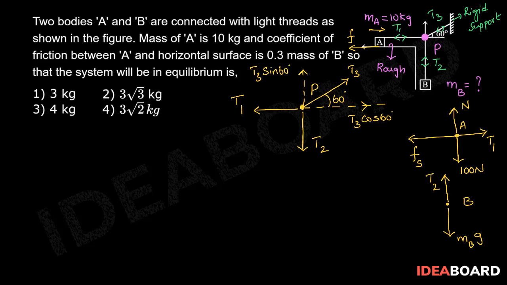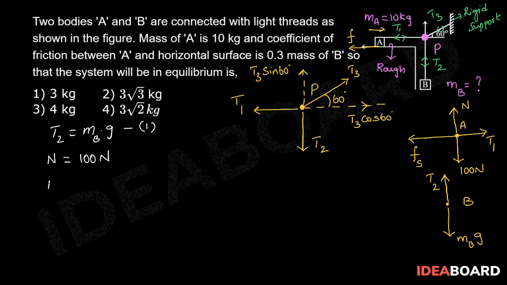Since the system is in equilibrium, we can write T2 equals mass of B block multiplied by g. Let this be the first equation. And from the FBD of A, we can write N equals 100 newtons.